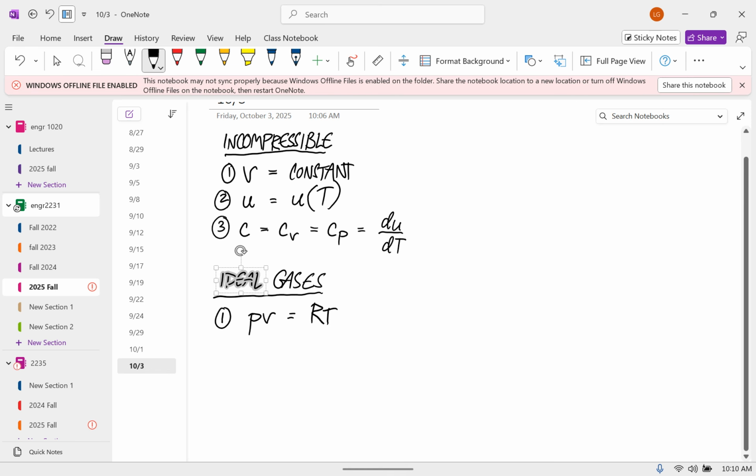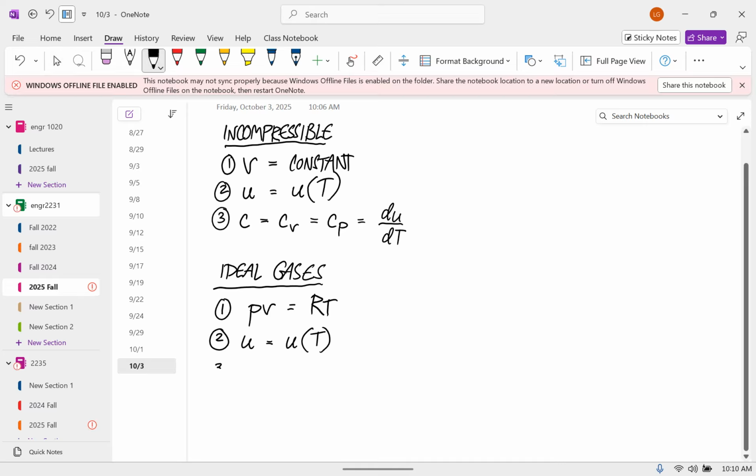And then the second one is just like with incompressible materials, specific internal energy is only a function of temperature. The third one, let's say, is that the specific enthalpy is only a function of temperature also.